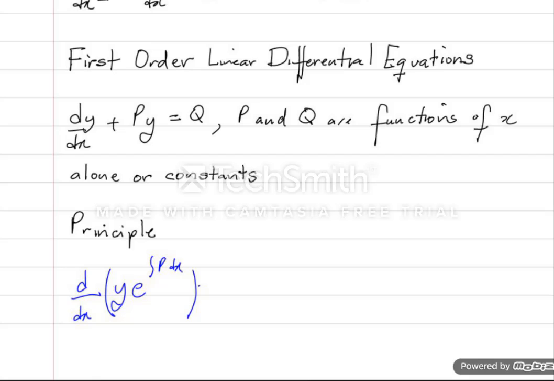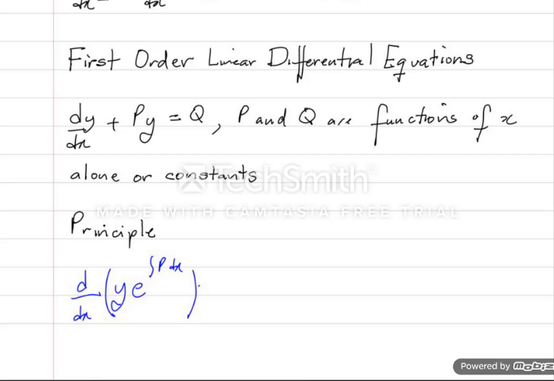If you have dy by dx plus py is equal to q, where p and q are functions of x alone or are constants, then for your differential equation to be first order linear, it must be of the form dy by dx plus py is equal to q, where p and q are functions of x alone or constants. This is important. It's a principle.